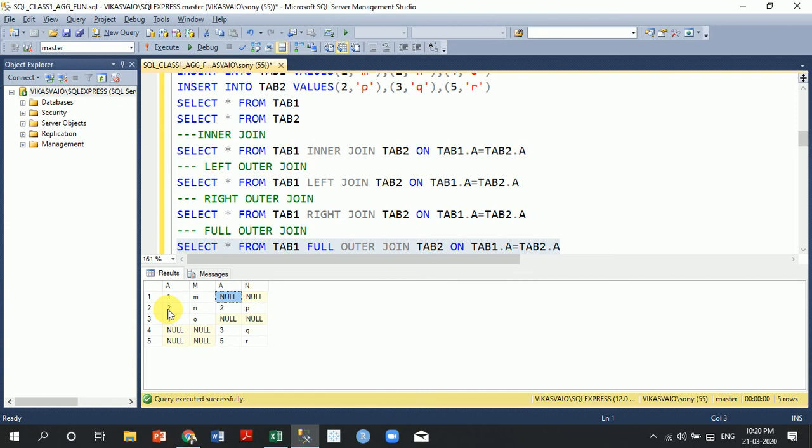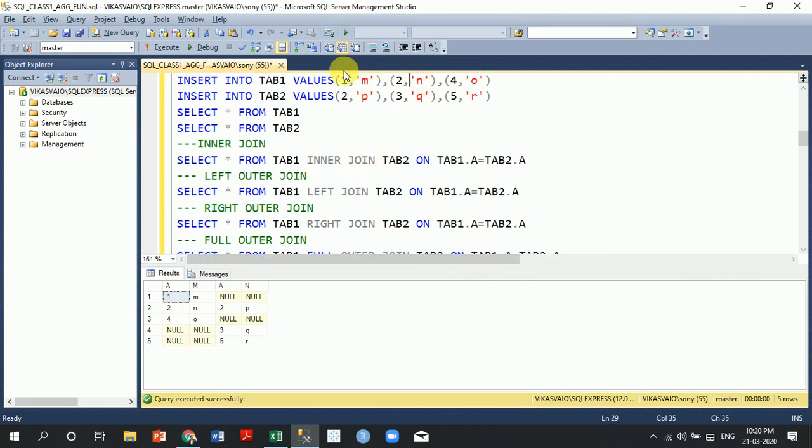Now you need to understand very carefully how this full outer join is giving us a result. See, if I look at my tables, your first table will have 3 rows, that is 1m, 2n and 4o. Talking about this 1m, it couldn't find a match in table 2, that's why only null values are coming over here.